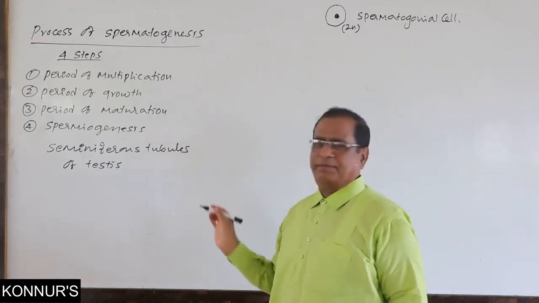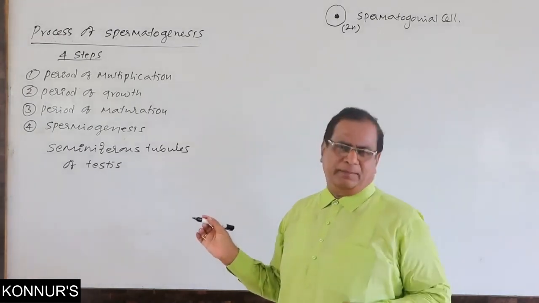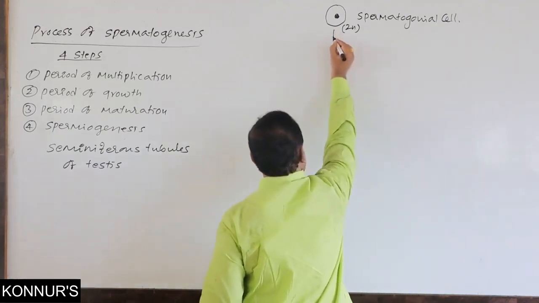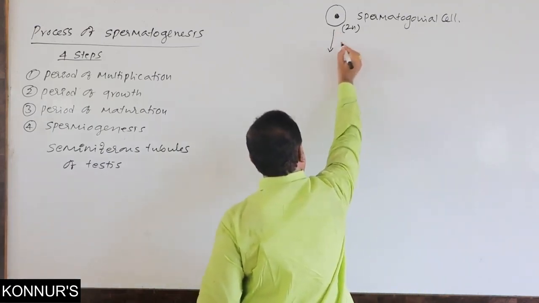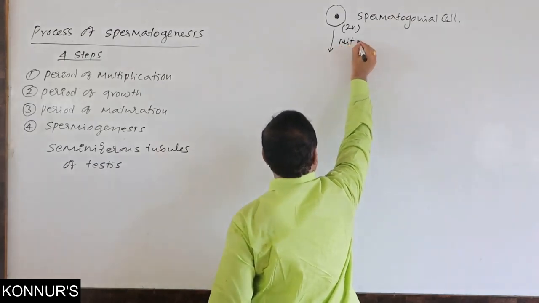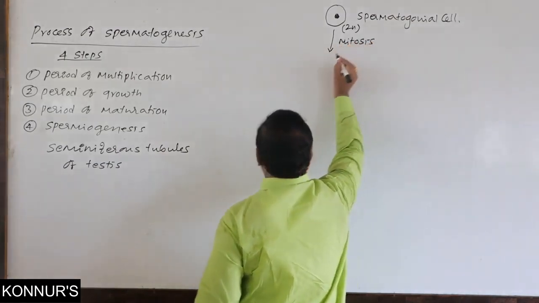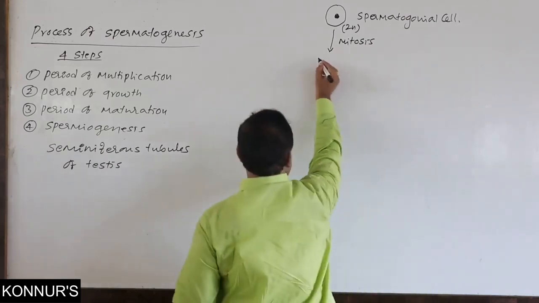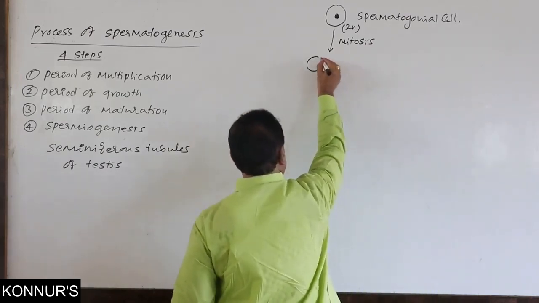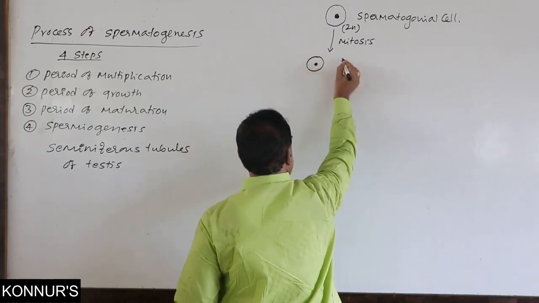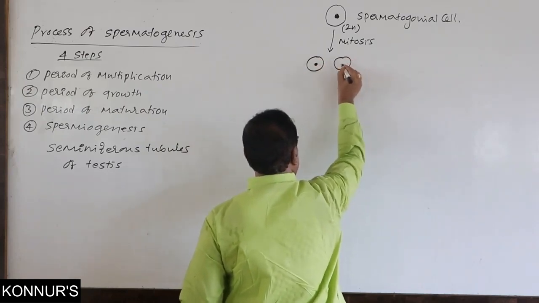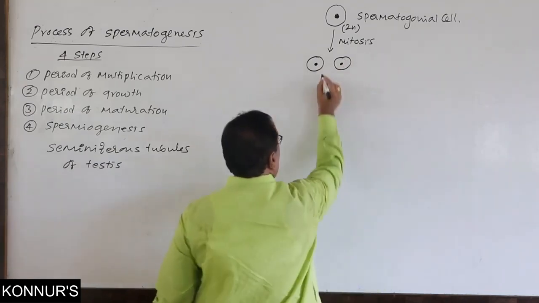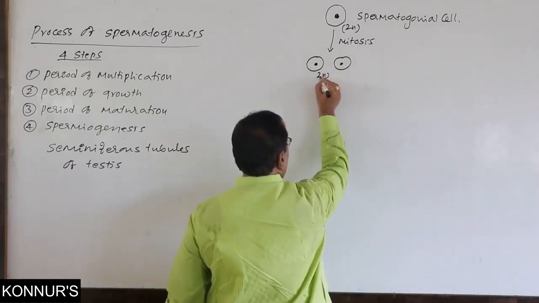In the first step, period of multiplication, these spermatogonial cells undergo mitosis, so that their number is increased. As mitosis takes place, they are diploid only.